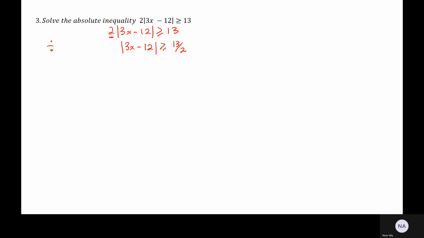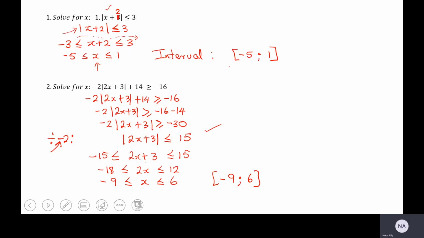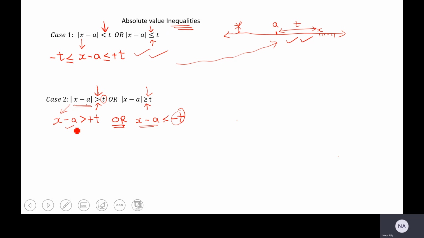Now, the inequality is greater than. So with this, let's just recall, what do we do with the greater than? With the greater than, you drop the inequality greater than the positive, or drop the inequality greater than the negative.